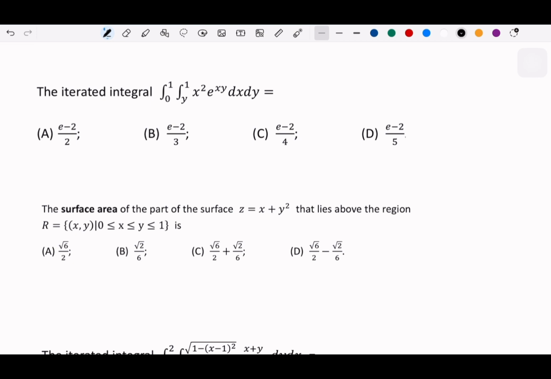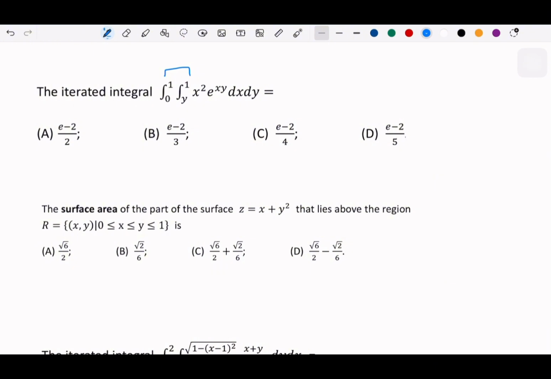So if we take the dy first, this will be easier to integrate, because y is only in the e, right? And e with power of xy, we can integrate with respect to y if that is the first integration.